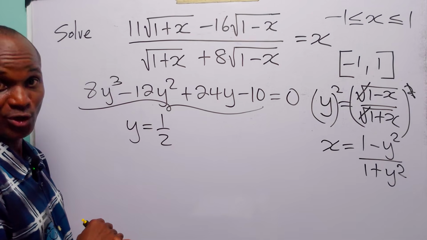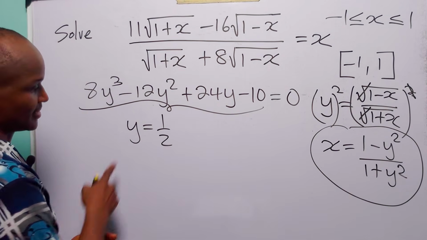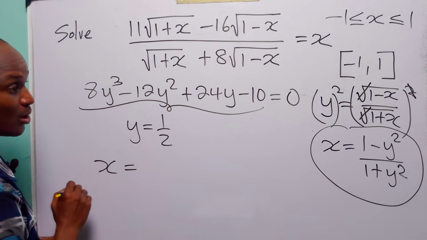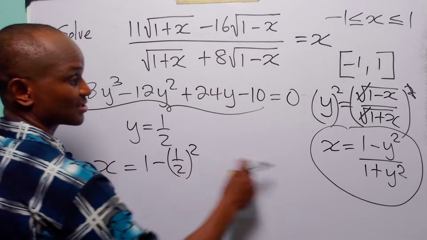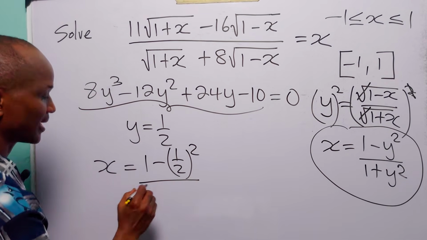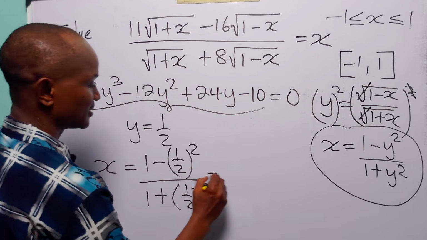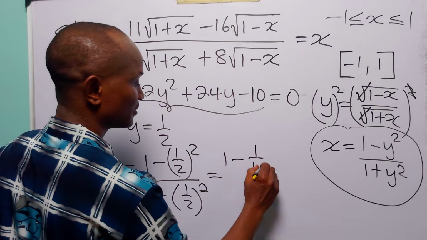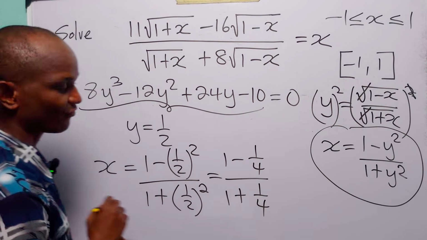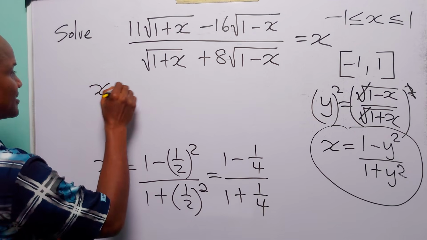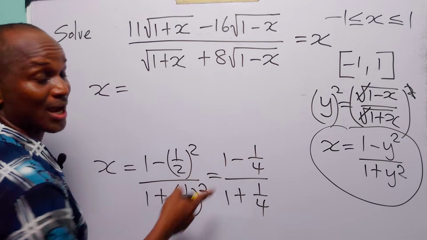Now that we have found the value of y, we can go back to this equation to find the value of x. So we have that x is equal to 1 minus half squared divided by 1 plus half squared. This is equal to 1 minus 1 over 4 divided by 1 plus 1 over 4. 4 times 1 is 4, 4 minus 1 is 3.